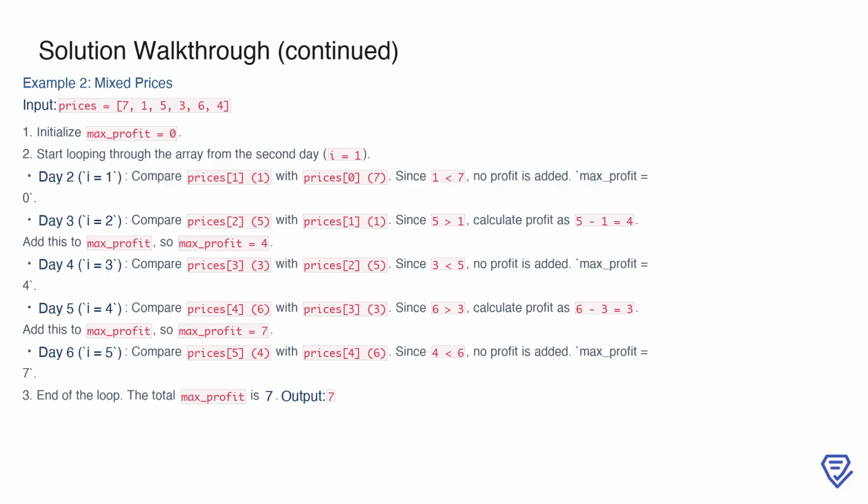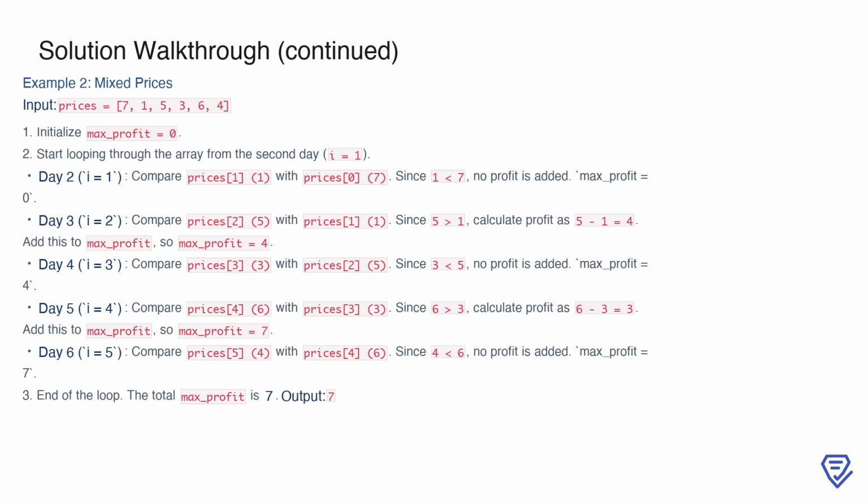On day 3, prices[2] is 5 and prices[1] is 1. Here, 5 is greater than 1, so we calculate the profit as 5 - 1 equals 4 and add it to max_profit, making it 4. On day 4, prices[3] is 3 and prices[2] is 5.